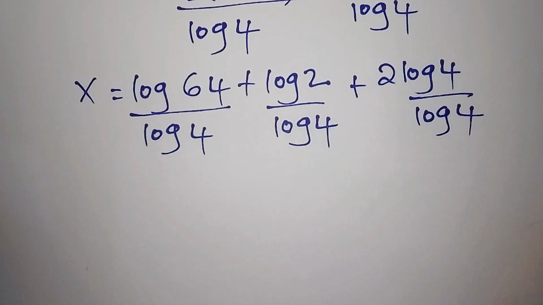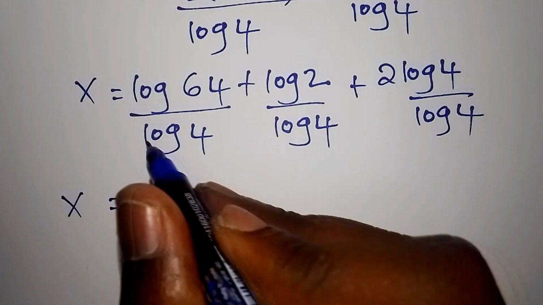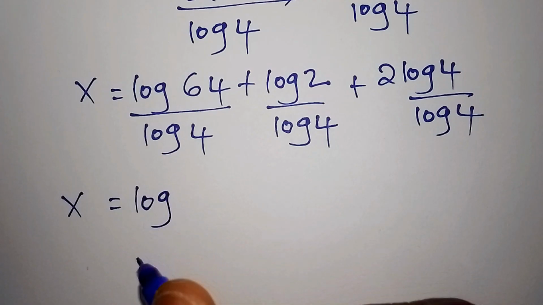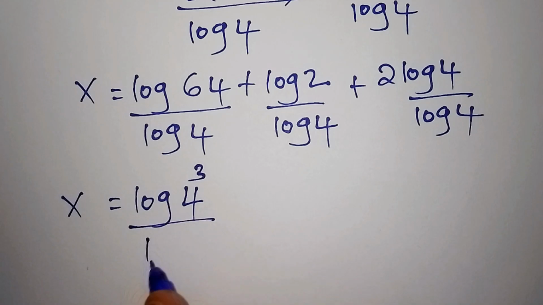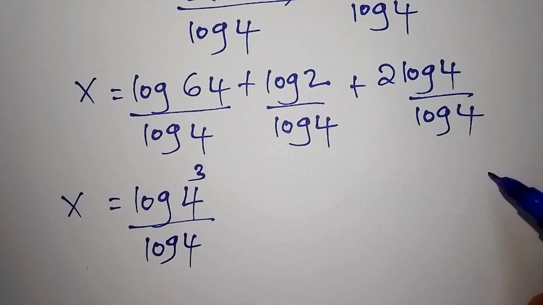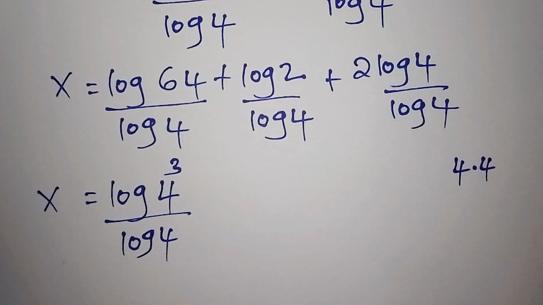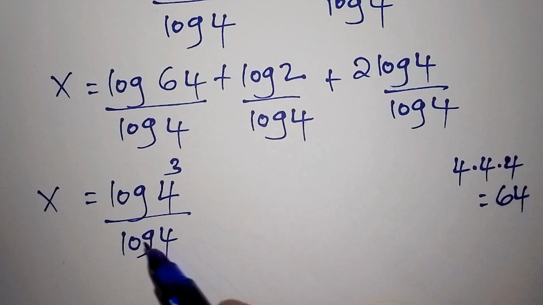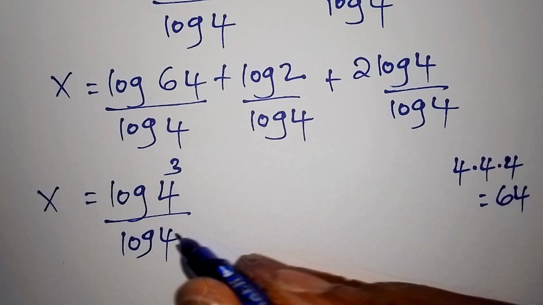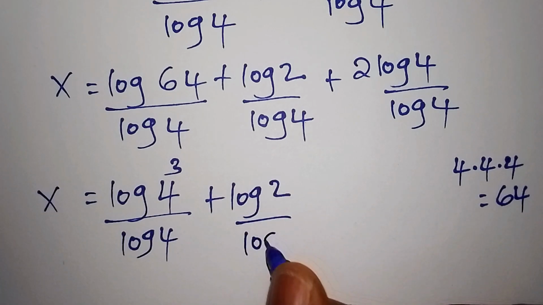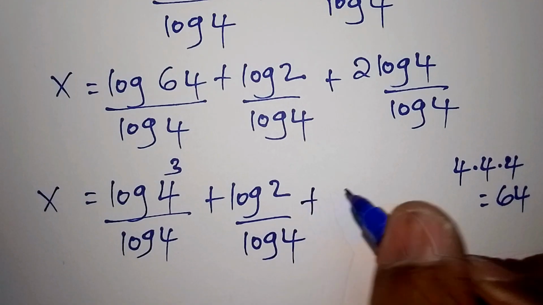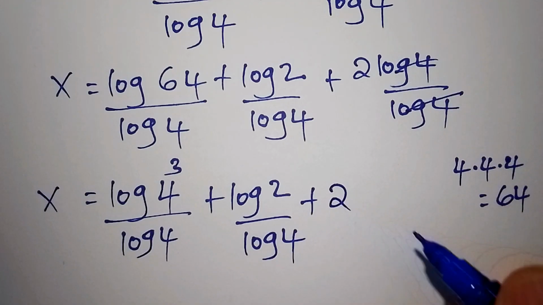So next is still the value for x is equals to, so the log of 64 can be written as the log of 4 to the power of 3, all over the log of 4. So that is to mean that when you have, for example, 4 multiplied by 4, that is 16, then the same 16 multiplied by 4 again, the result shall be 64. So now we have the log of 4 to the power of 3, plus the log of 2 all over the log of 4, plus, so log 4 and log 4 shall cancel, now shall remain with 2.